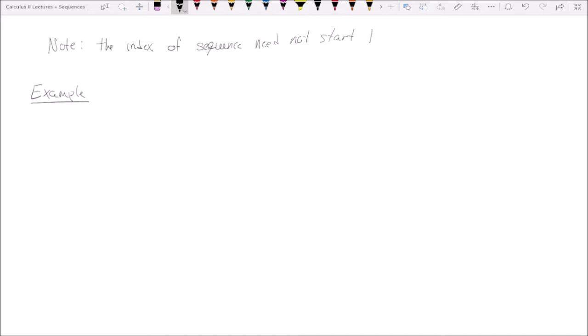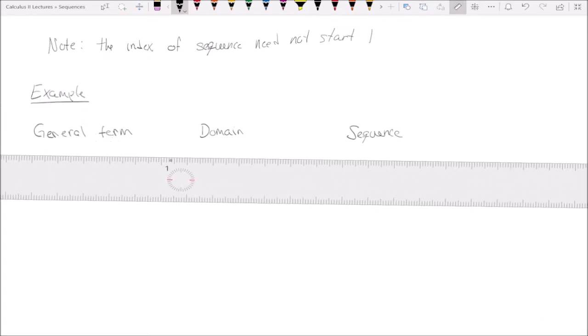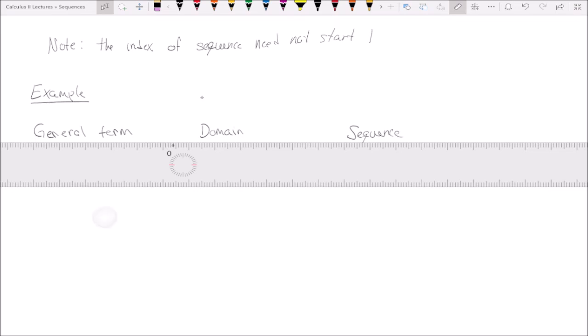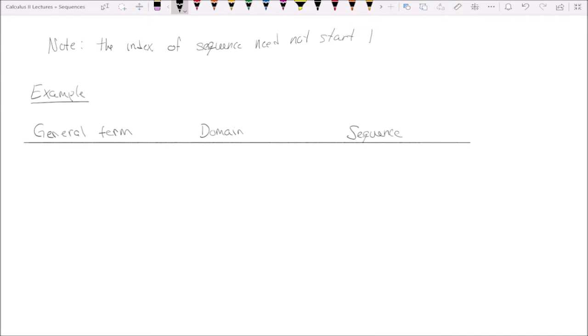So here we're going to look at a table for several sequences. Starting off, we have a sequence whose general term is given by 1 minus 1 over n.